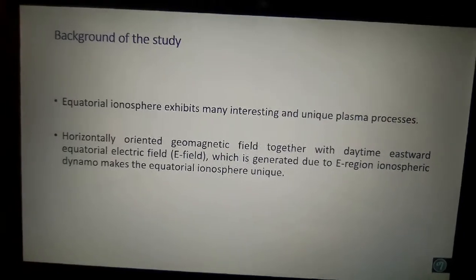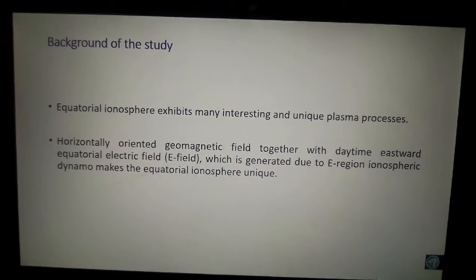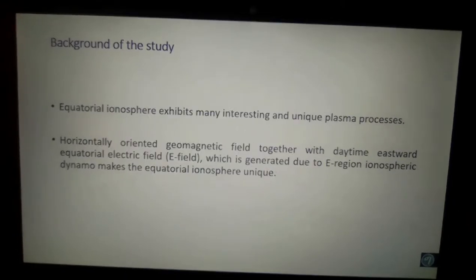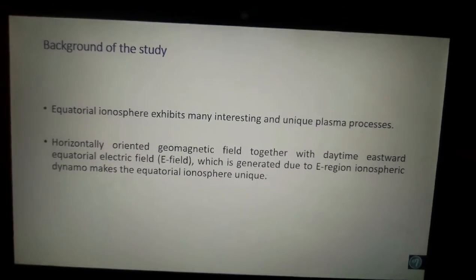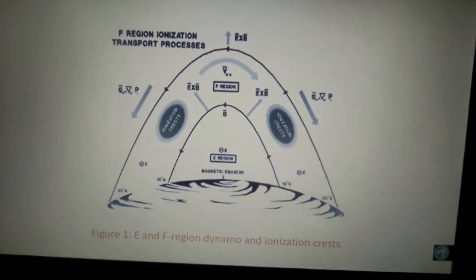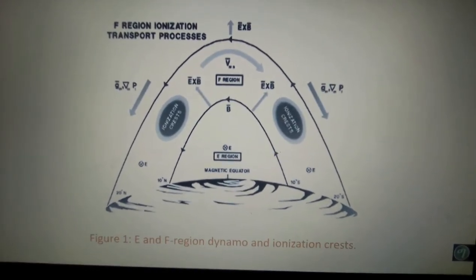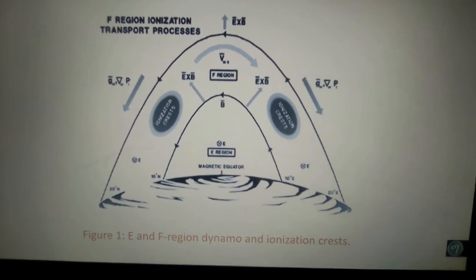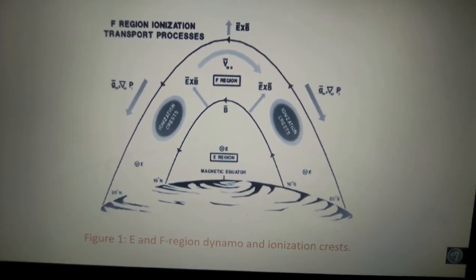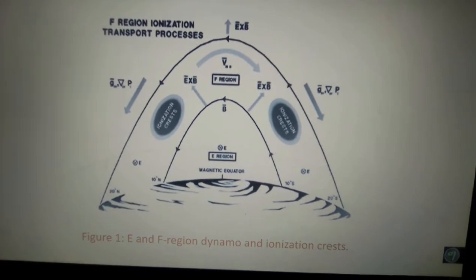depending on the orientation of the electric field produced. The electric field may be zonal or horizontal or vertical. So this is the dynamo, figuratively the E and F region dynamo. We can also see the ionization crust here.